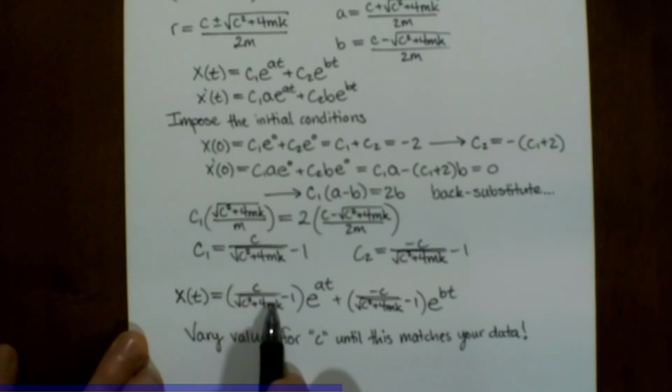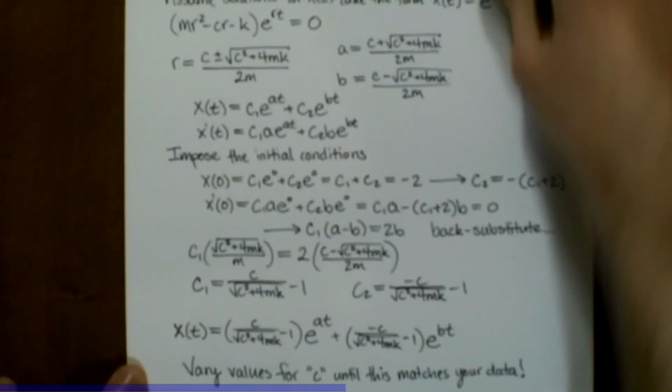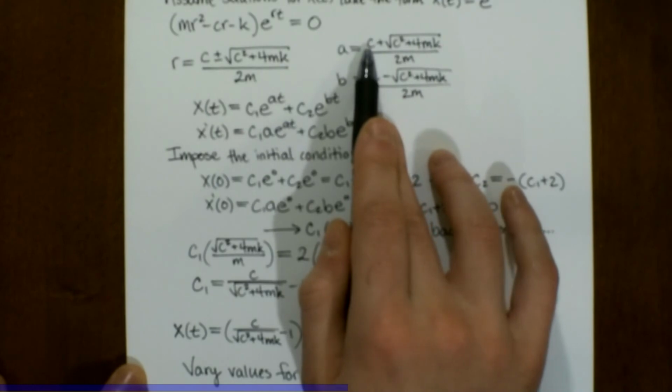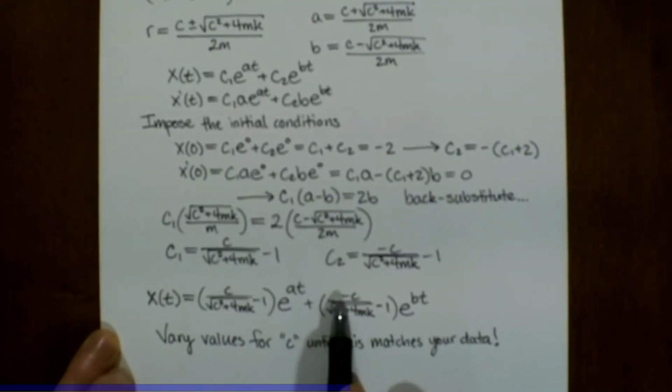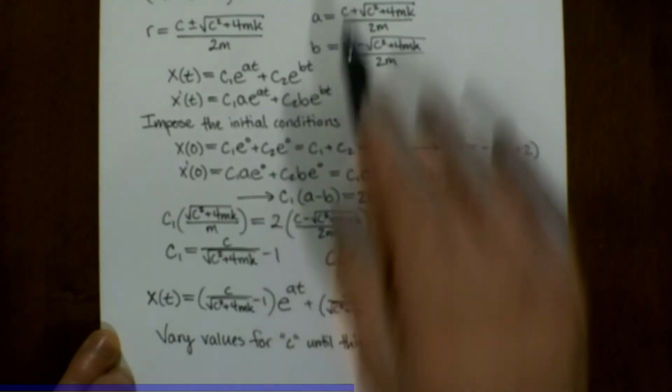Similarly, the second term becomes simply the negative of c over the radical minus 1, quantity times e to the bt, and like before, for b, we know everything except for c. So everything in this form we now know except for c.